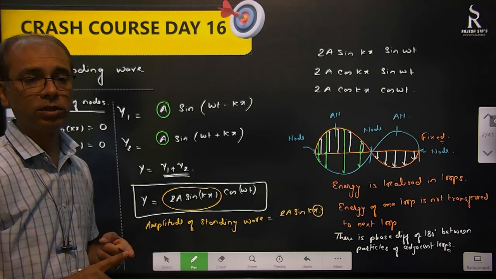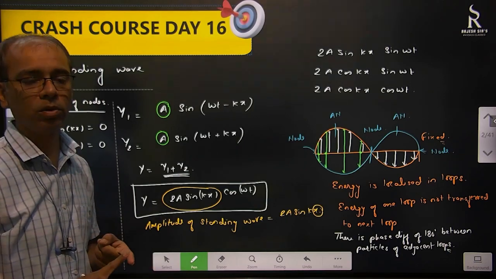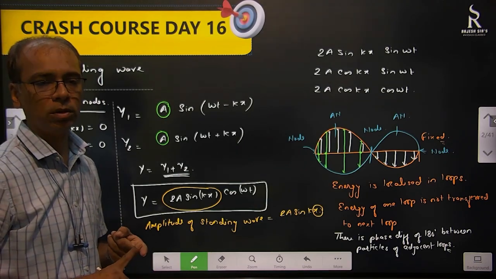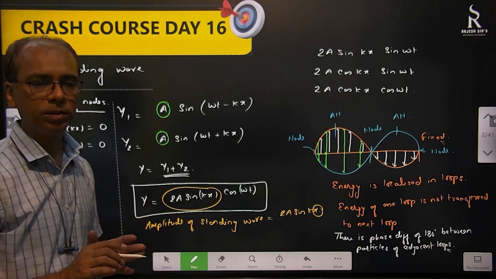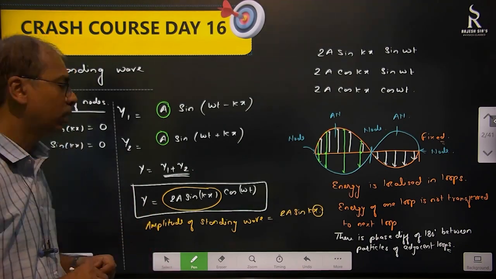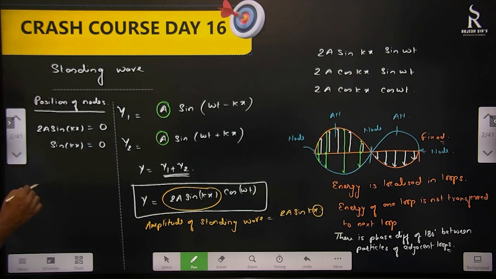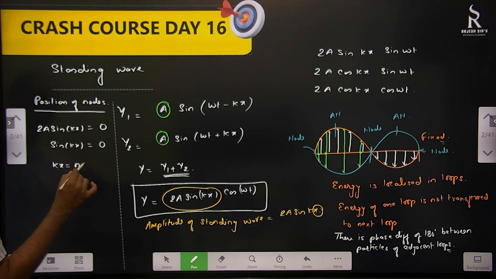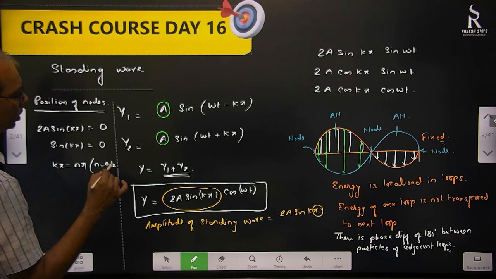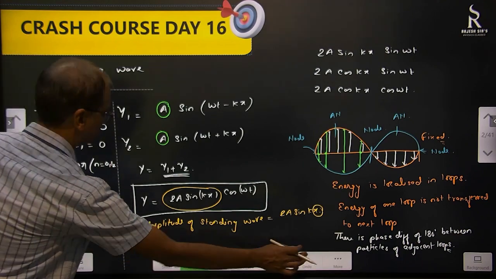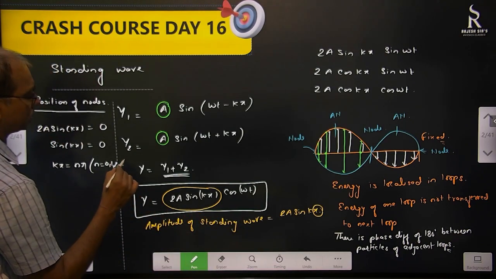Sin 0 is 0, then sin pi is 0, then sin 2 pi is 0. So every multiple of pi, the sine value will be 0, including 0. So kx equals n pi, where n can be 0, 1, 2, likewise.